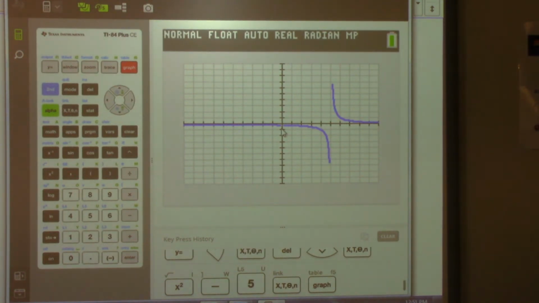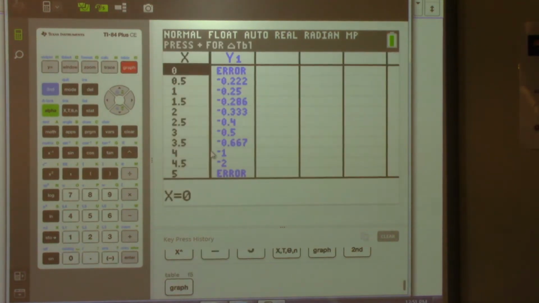So let's go look at the table. Okay. So we go to second graph, and we can see at x equals 0, we have an error. So here we have, with the calculator, evidence of a break or a discontinuity.